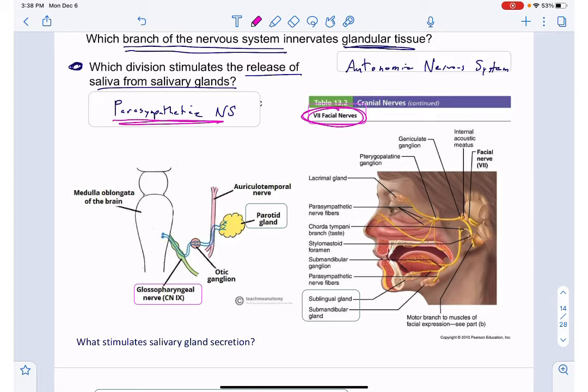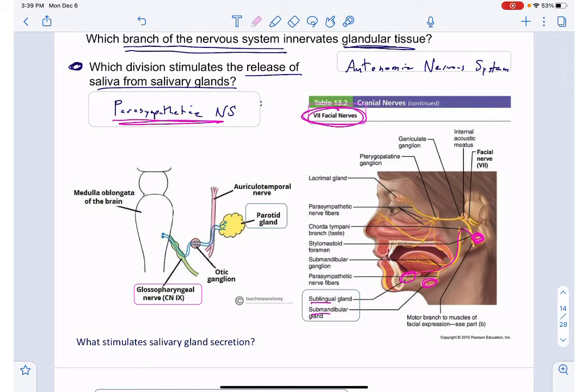And there's a few different branches of this, but you can see here it's starting in the medulla oblongata somewhere. And parasympathetic neurons are going to travel through this cranial nerve, and they're going to stimulate saliva release from the sublingual and the submandibular glands.